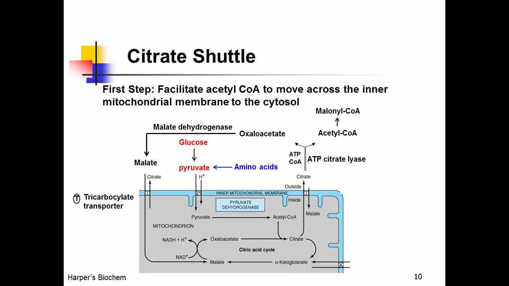The shuttle system exchanges the citrate with malate. The T represents the transporter, so they can transport the malate from the cytosol into the mitochondria, in exchange for the output of the citrate.